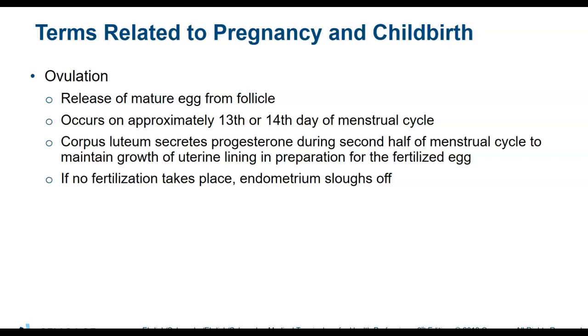So after the 13th and 14th day, when the egg is released, the corpus luteum buffs up our endometrium because it's waiting for a fertilized egg. If that doesn't take place, then the endometrium sloughs off, and that's when we have our period.